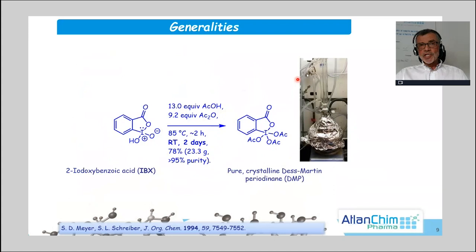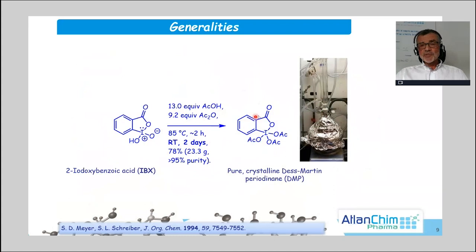Then the reaction flask, wrapped in aluminum foil, is left to stand for 1-2 days at room temperature to allow crystallization of the Dess-Martin reagent. During product isolation, exposure to the atmosphere is strictly avoided.